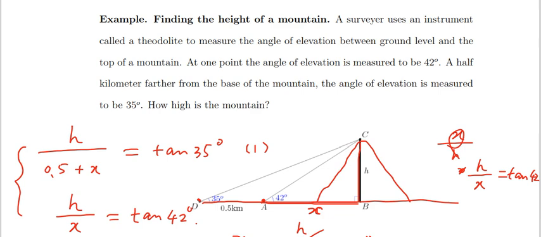For three sides a, b, c, we have the formula a squared plus b squared equals c squared. So if you give me two sides, we can find the other one.